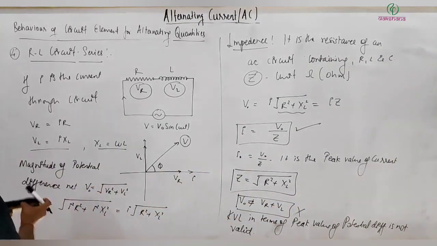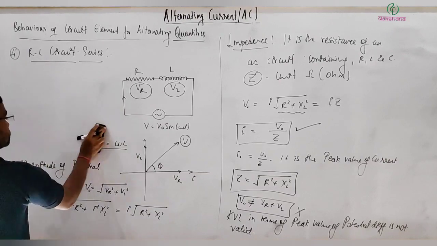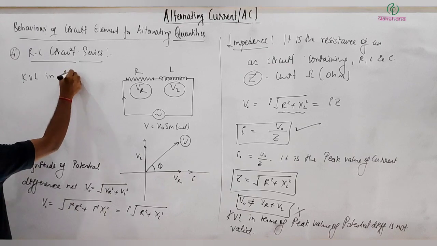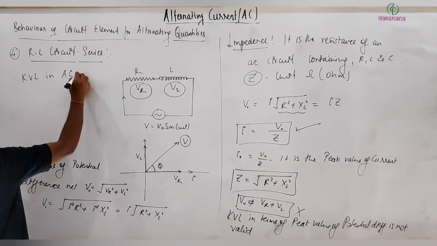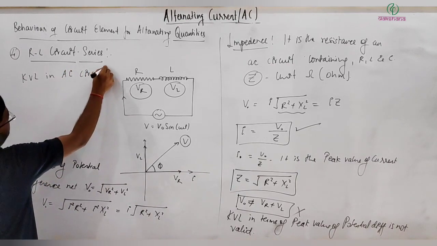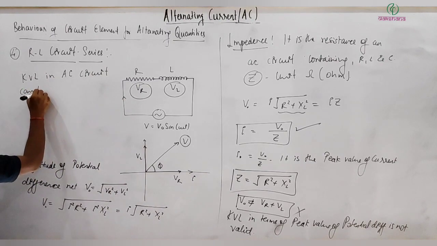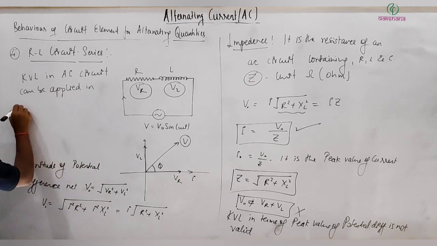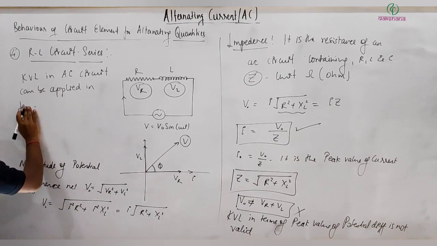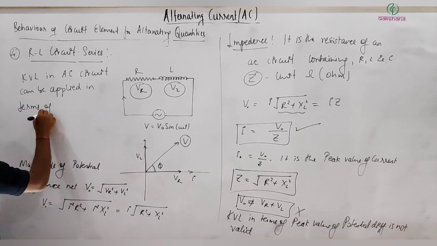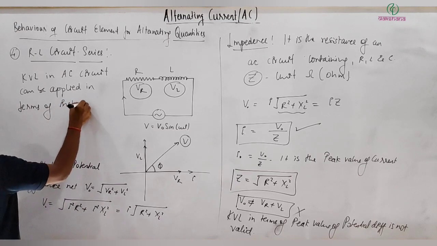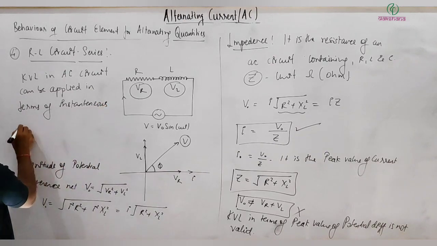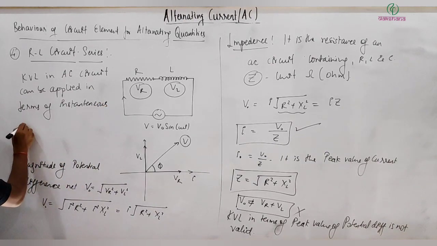But yes, KVL in alternating current circuits can be applied in terms of instantaneous potential drops.